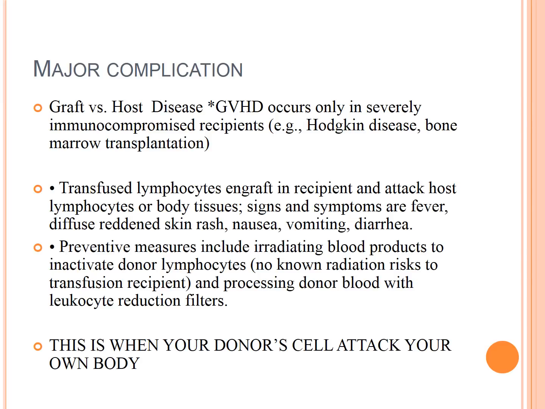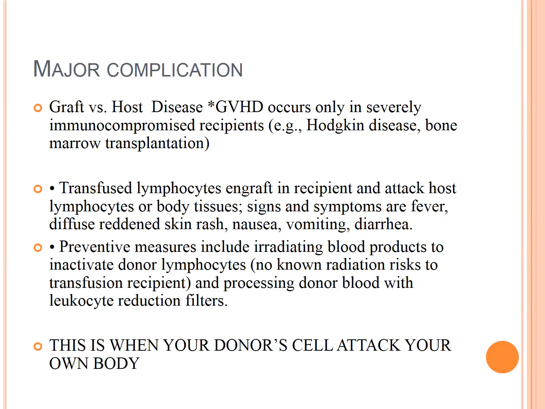If they have received, say, this bone marrow transplant, and those cells come into the body and end up recognizing the recipient's cells as foreign, they're going to attack. The donor cells end up attacking the recipient's cells and tissues in the body.